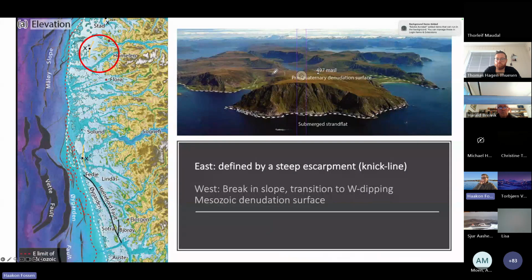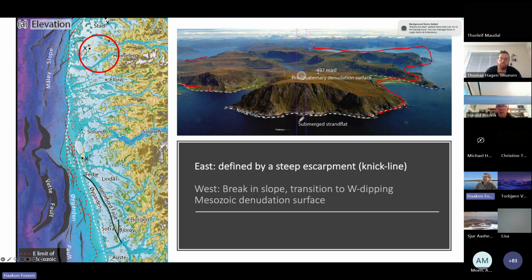Okay, so if we look at the strandflat to the east, there is usually a steep cliff like we had in the wave cut platforms. There is a steep cliff, but that cliff is not linear. It curves, and we find it in many places on the back here, and it's very irregular, like we already mentioned.